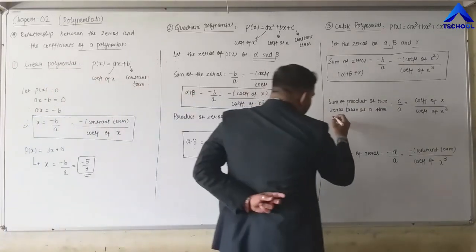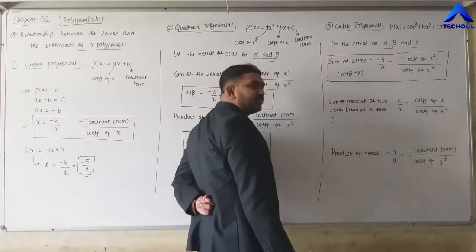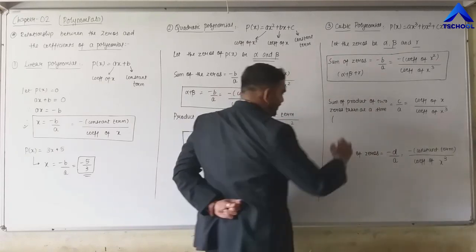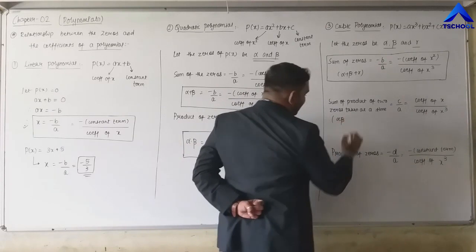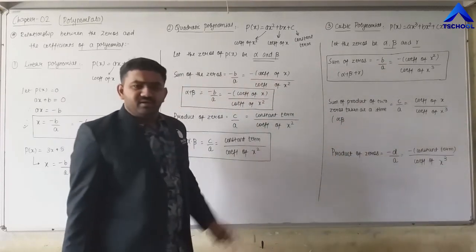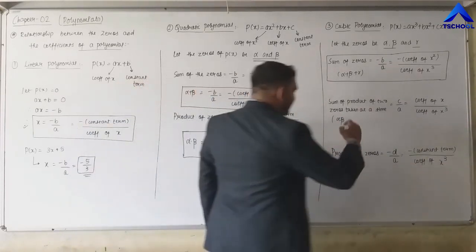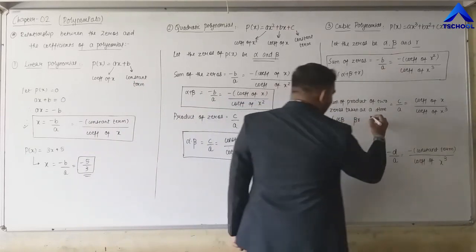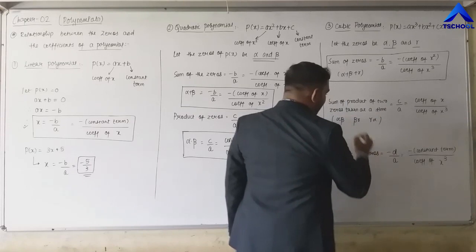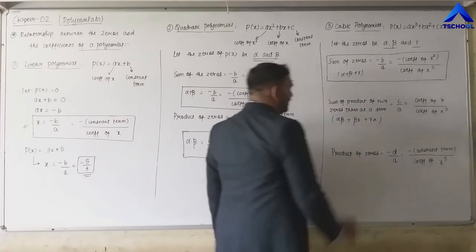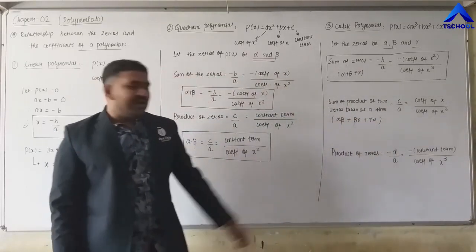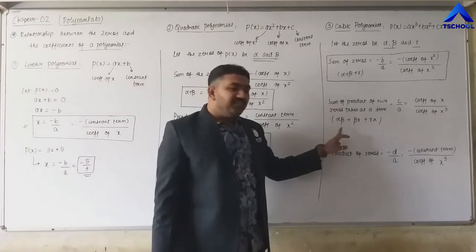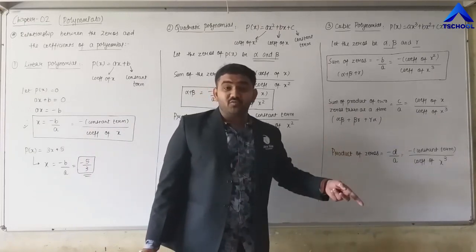Then note that this is the most important one, sum of the product of two zeros taken at a time. That is, first of all, we shall take alpha and beta. We will multiply them. Then we shall take beta and gamma. We will multiply them. And we shall take gamma into alpha. And we will multiply them. After multiplying everything, simply add them. That is alpha beta. Alpha beta simply means alpha into beta.